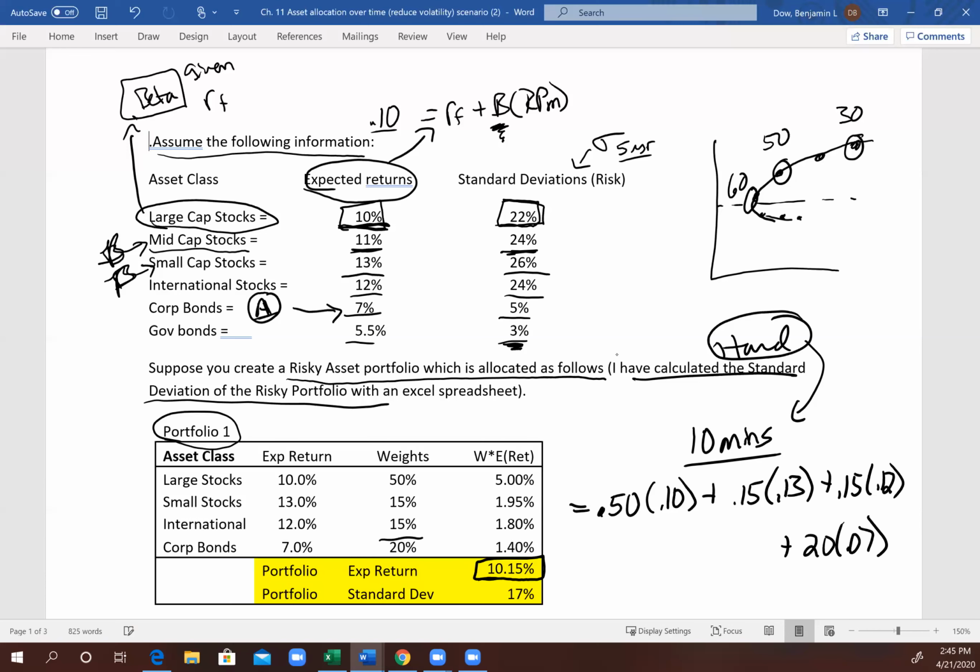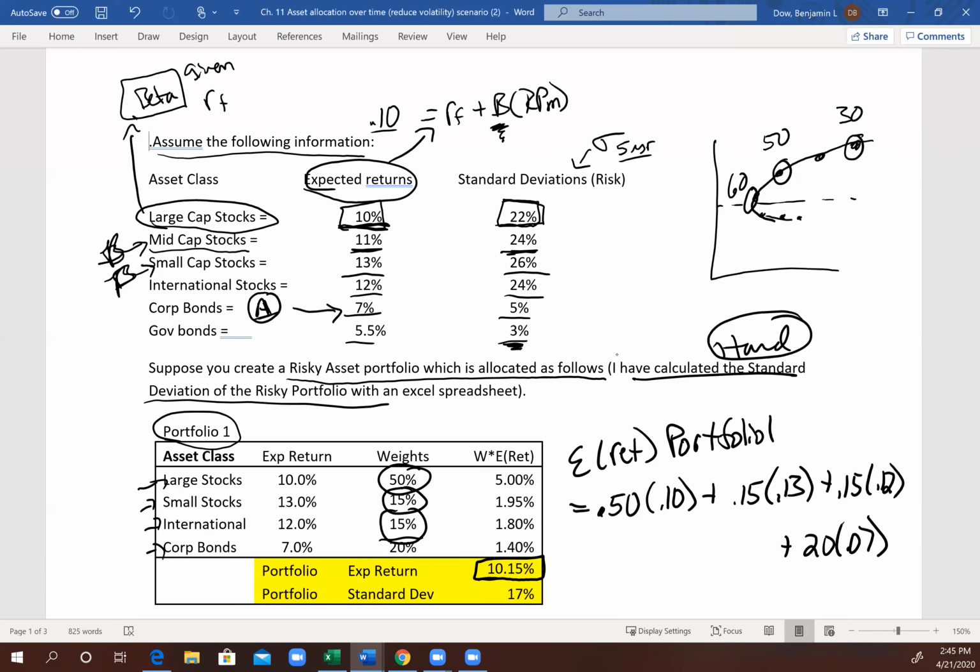And so what happens to find the expected return of the portfolio? Which is made up of a bunch of different mutual funds held in different allocation percentages.